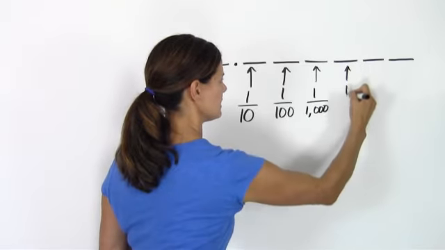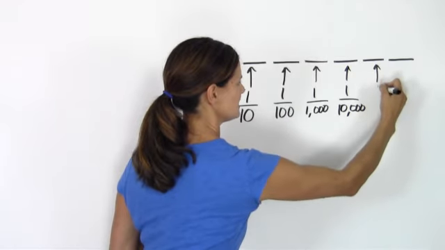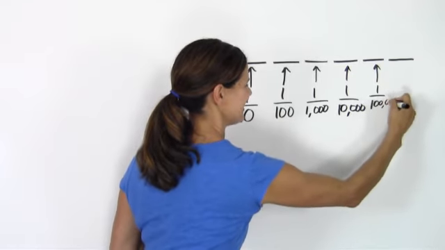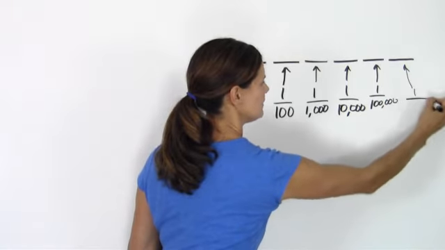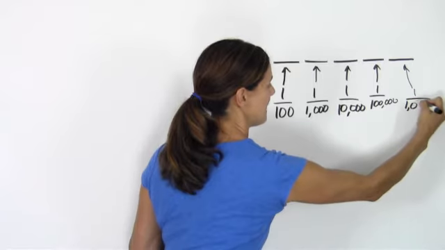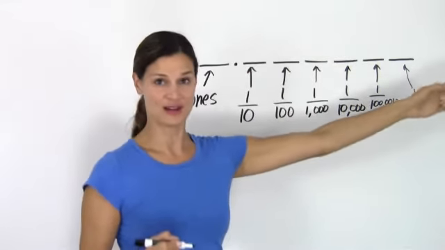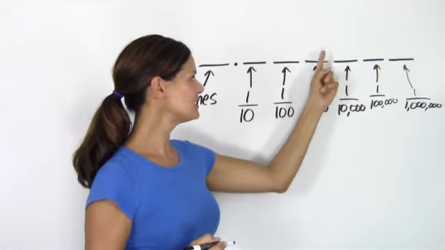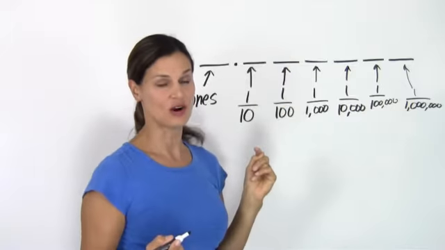The next one here is my 10,000th place. The next one is my 100,000th place. And the next one over here, divisible again, is my 1,000,000th place. And we can keep on going on and on forever like this. Each position is 1/10 of the position before it.